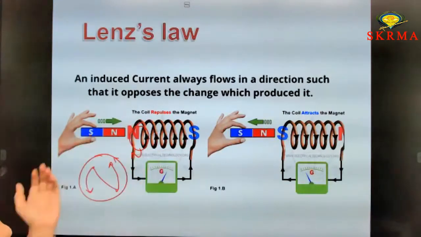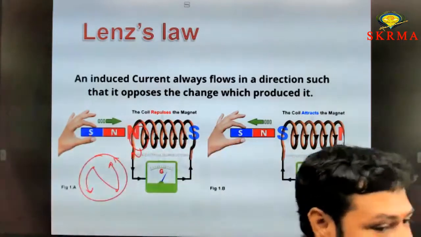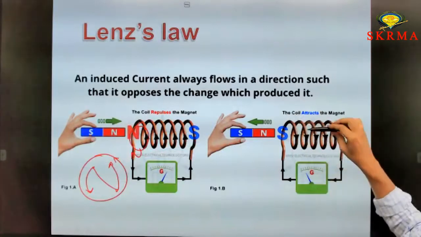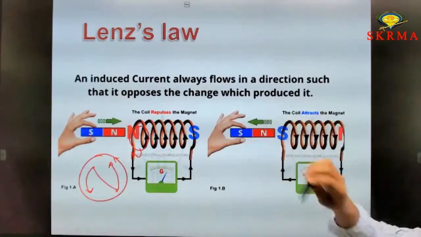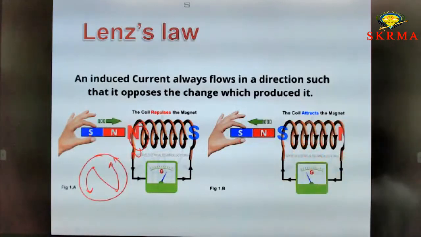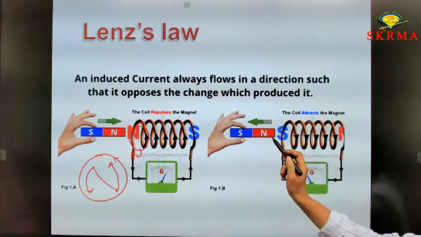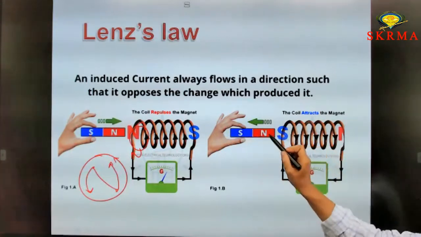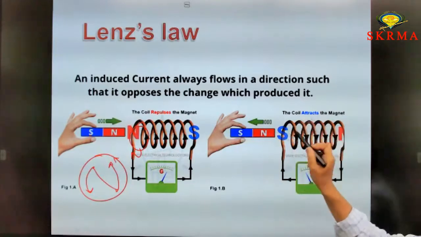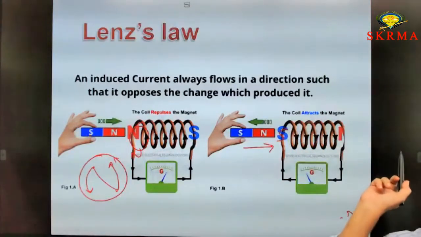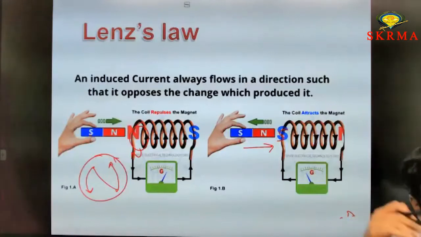Remember, in the same way, if you move the bar magnet away from the coil, this is also important. Then the coil again opposes that motion. Since the north pole is moving away, the coil tries to attract the bar magnet towards it. Why? Because the source, the bar magnet, is moving away from the coil.